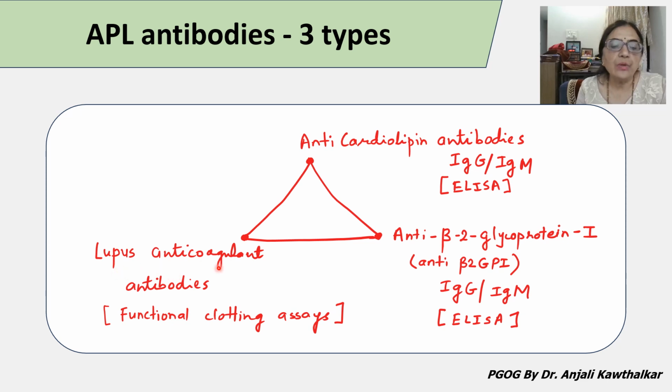And lupus anticoagulant antibodies, where the test which is done is called a functional clotting assay. These are the three types of antiphospholipid antibodies; sometimes even only one is raised, or sometimes there can be a combination of more than one raised in a given patient.